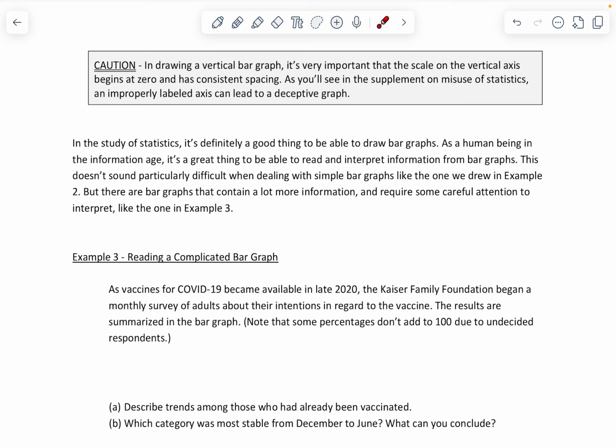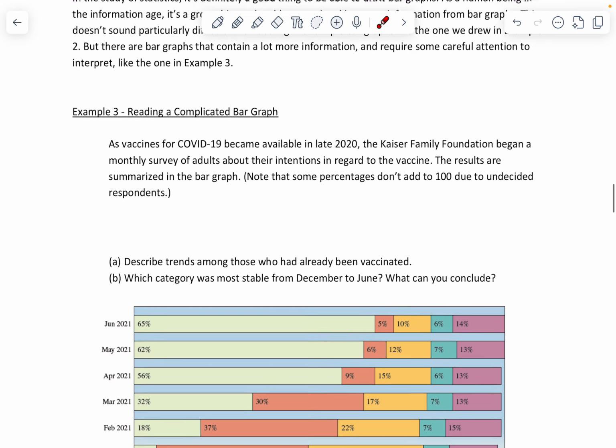So this is reading a complicated bar graph. As vaccines for COVID-19 became available in late 2020, the Kaiser Family Foundation began a monthly survey of adults about their intentions in regard to the vaccine. The results are summarized in the bar graph, which is right here.